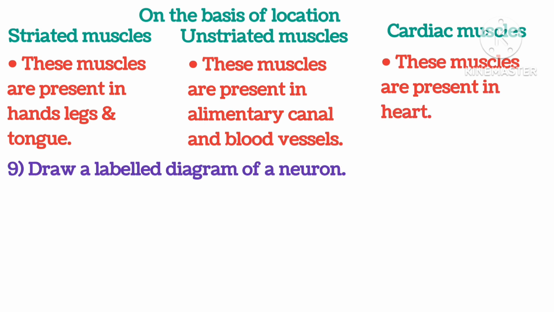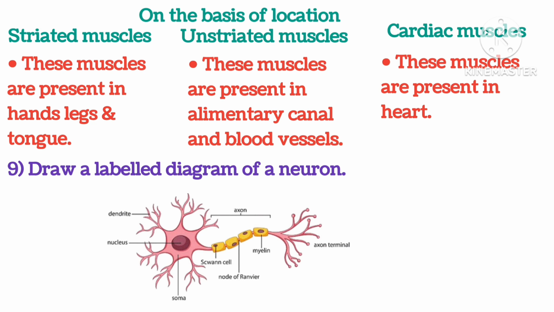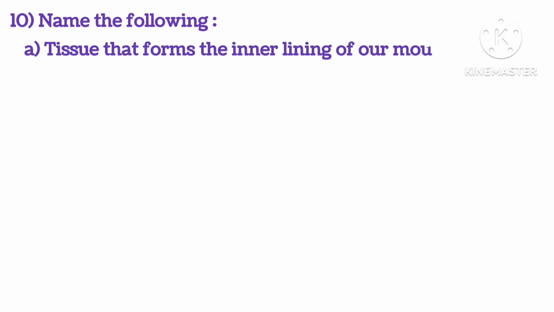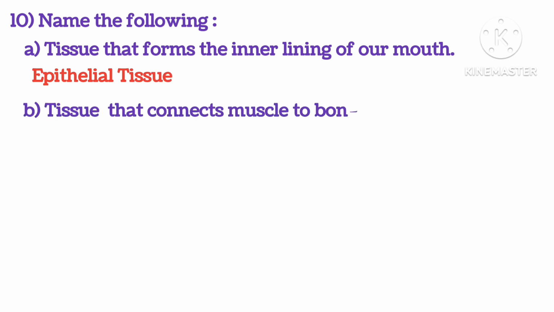Draw a labelled diagram of a neuron. You can see the diagram here. Name the following tissues. The tissue that forms the inner lining of our mouth: the answer is epithelial tissue. The tissue that connects muscles to bone in humans: the answer is tendon.